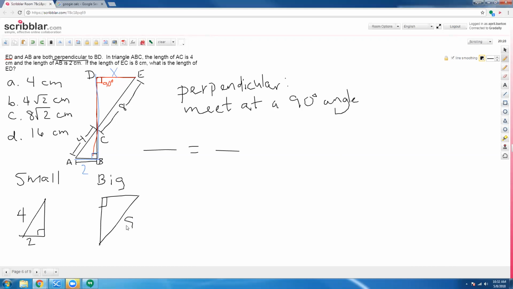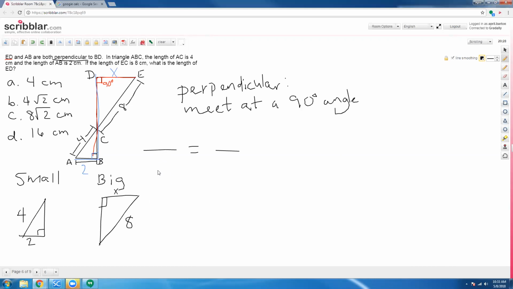Which had the 8 and the X. So once you've identified all the important information, again, that only told us that this was a perpendicular angle so that we could know we could set up a proportion. We only really care about the sides for this problem. Then we can set up our fractions.